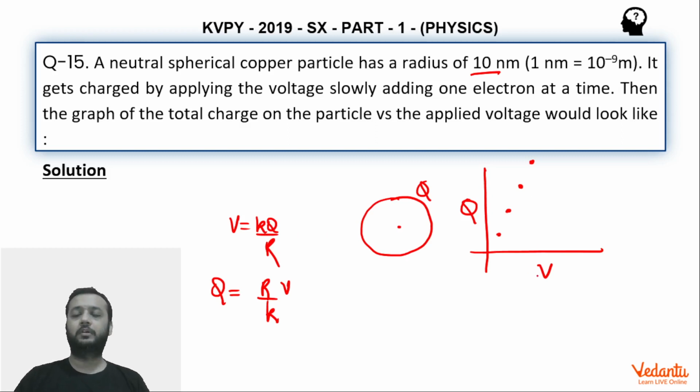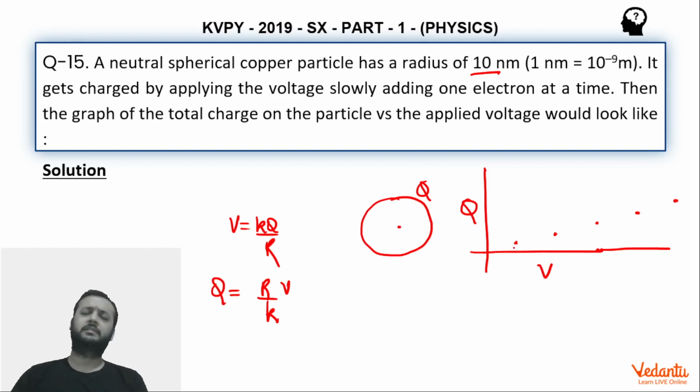Here k is 9 × 10^9, and r is very, very small. So this value of r by k is a very, very small value. So actually the graph will be this type, which has a very, very small slope.